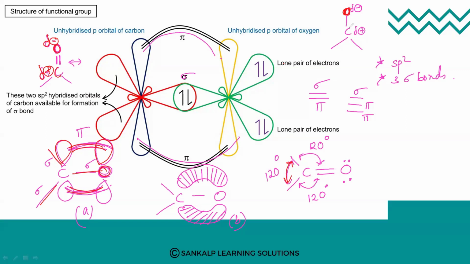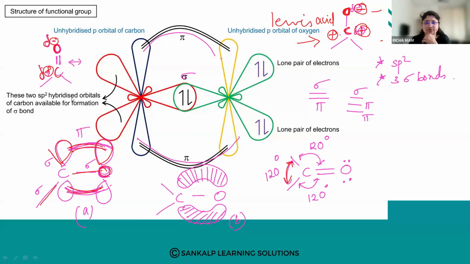So this will get a minus sign, and this will get a positive sign. The carbonyl carbon is electrophilic in nature and acts as a Lewis acid, because it will accept electrons. The carbonyl oxygen is a nucleophile and acts as a Lewis base. Like this, we can explain the structure of the carbonyl group.